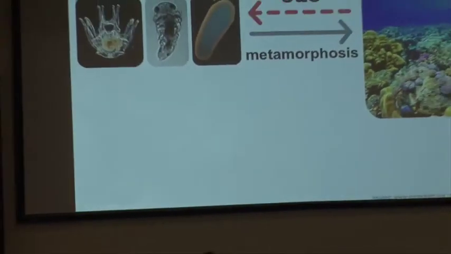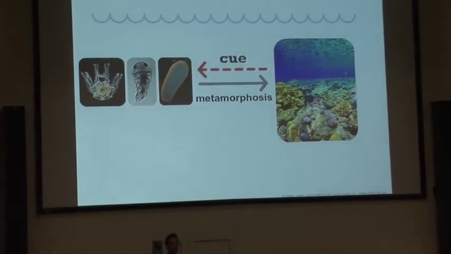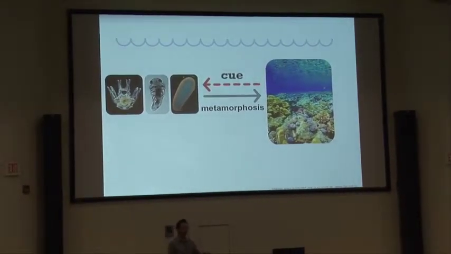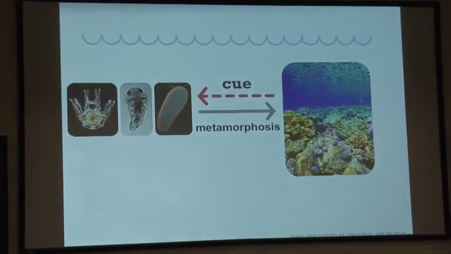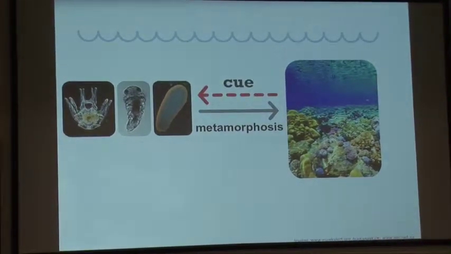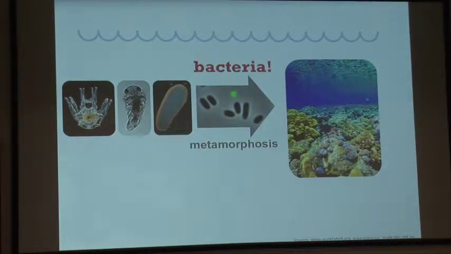In many cases, these larvae require a cue that tells them this is a good spot to metamorphose, because it's a giant ocean out there, and they need to metamorphose in the right spot, otherwise they'll be dead. If they don't have the right nutrients and there are predators around, they won't be able to grow up to sexual maturity. And so what Zobell found was that bacteria are actually this cue for metamorphosis in many cases.